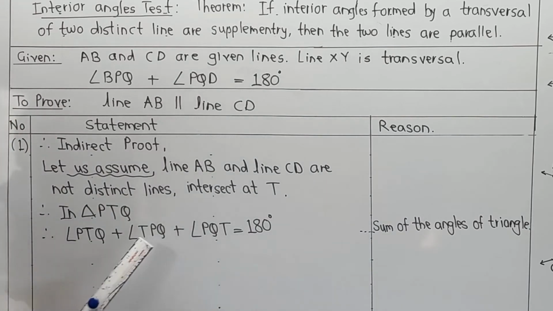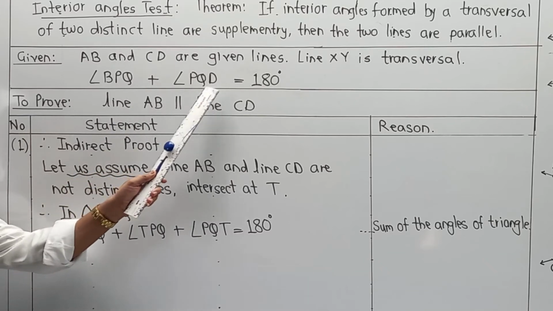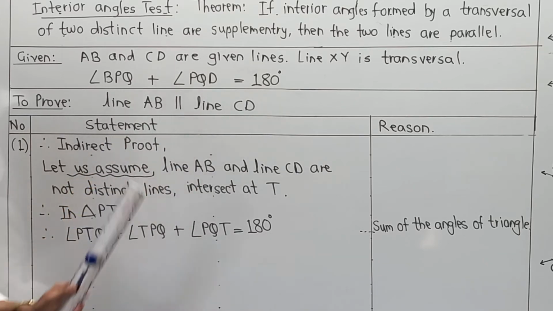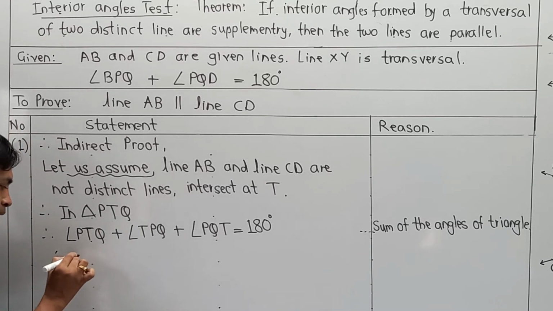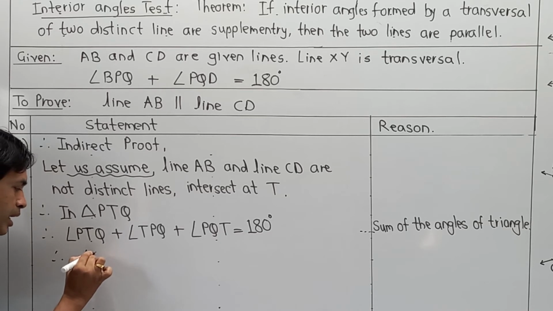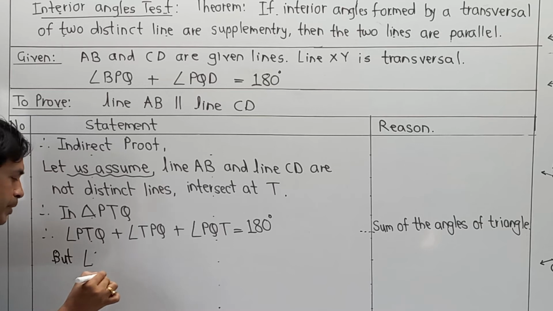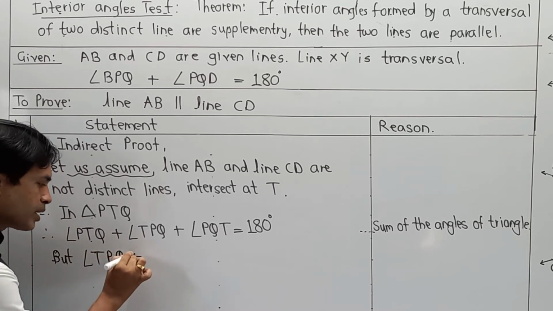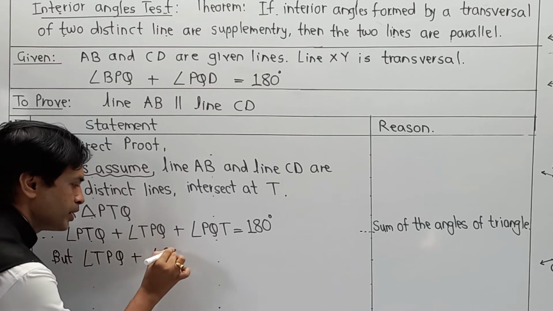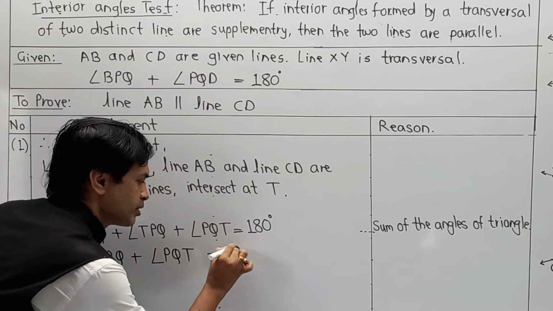But we know that only angle P and angle Q are 180, so I am going to write the statement which is given, making modification as per point T: angle TPQ plus angle PQT is 180 degrees, as given.